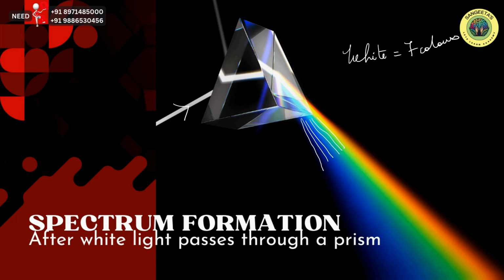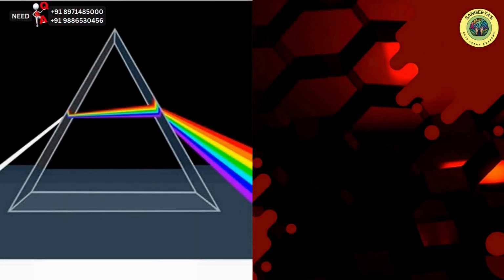The prism is not manufacturing these 7 colors. They are just splitting it, and that's the reason the prism is important, because it splits the white light into its 7 constituent colors.